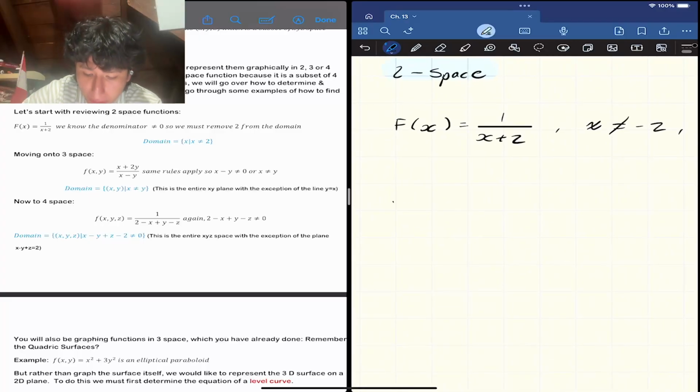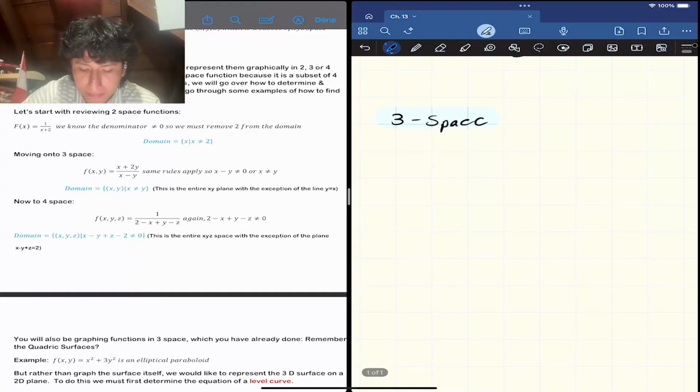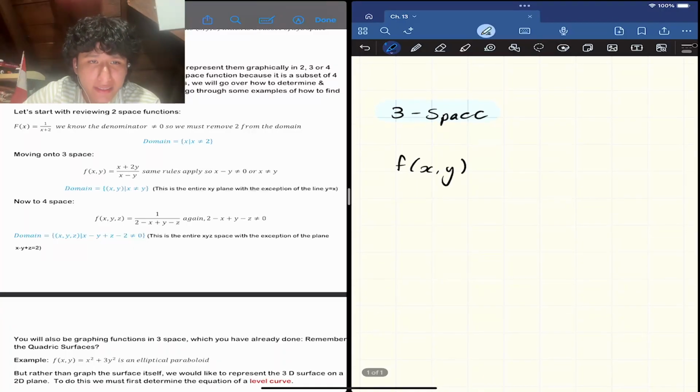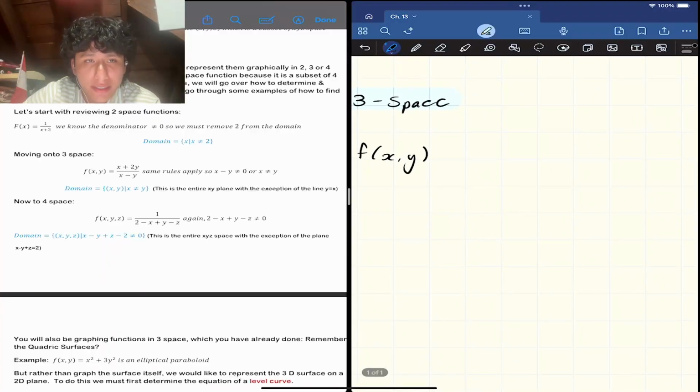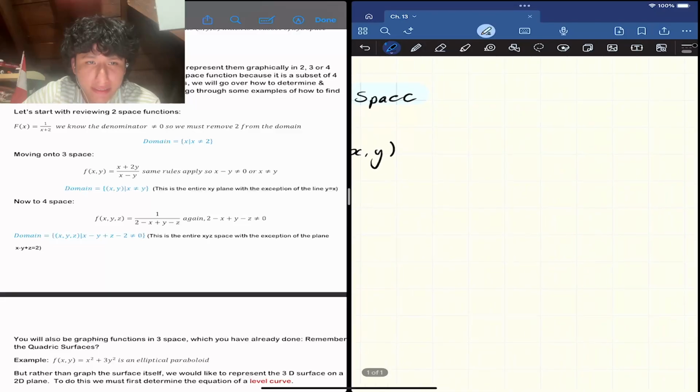As far as 3-space goes, we'll see how they do it. I'm not too sure how the domain's going to look for that one. Let's see. So it's giving us some f of x comma y. Now what I have to remember here is that it takes in x and y. Working with 2-space, you're going to be like, oh, it only takes in x, and I don't want to make the mistake of doing that.